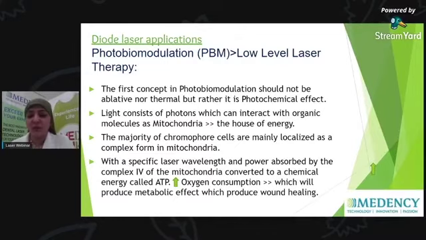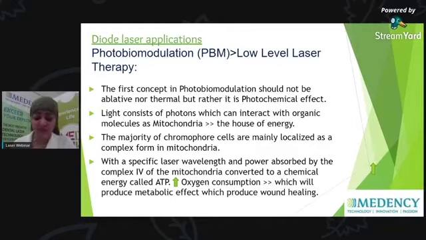The concept of photobiomodulation is working as it interacts with the organic molecules. The laser you are using acts with the organic molecules in the mitochondria. The mitochondria is the house of energy in the tissues, and the major chromophores of the cells are mainly localized within this mitochondria.